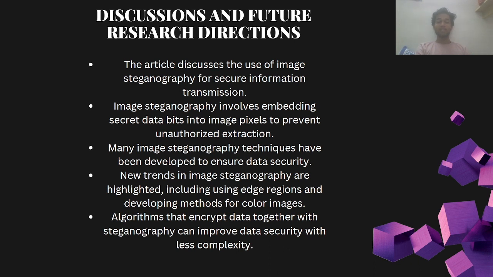Next point is, many of the existing image steganography approaches have tried to improve either payload, image quality, or security of the algorithm. Therefore, a good trade-off between these parameters should be created to improve the overall performance of the method in all dimensions. For this, edge-based image steganography and chaos-based encryption methods could be used together.